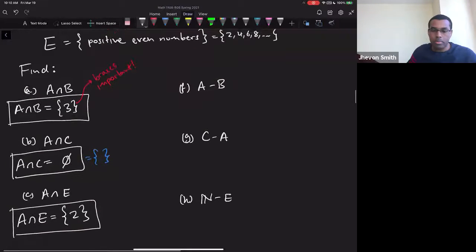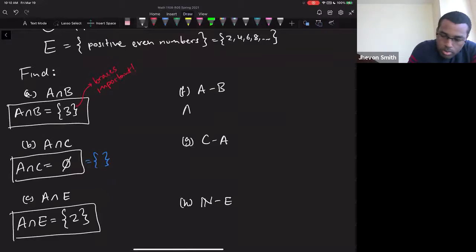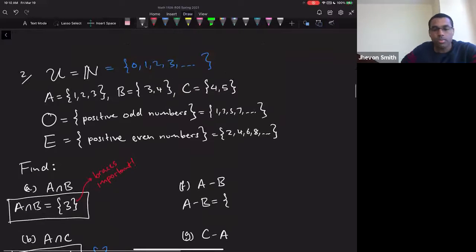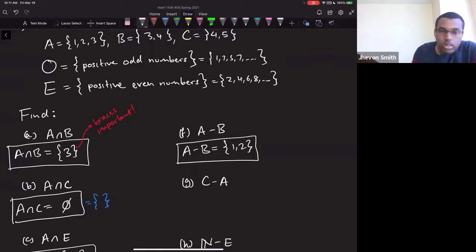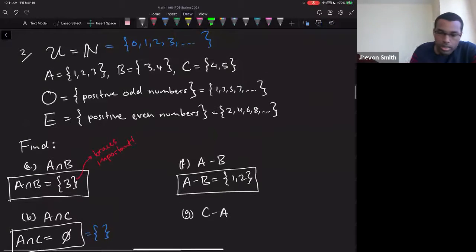A minus B. This is also a set. What it means is you take the set A and then you throw away anything that is also in B. So the set A is {1, 2, 3}. The number 3 is also in B. Therefore, you would throw away the 3 and you'd be left with the 1 and the 2. So that's what set minus means.